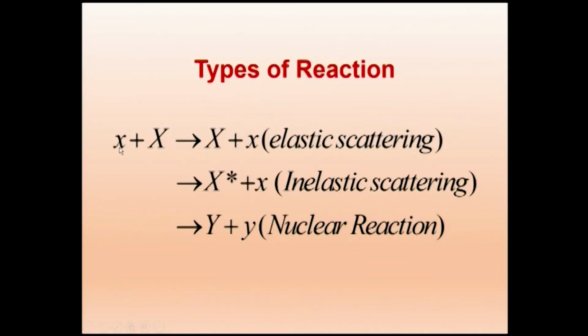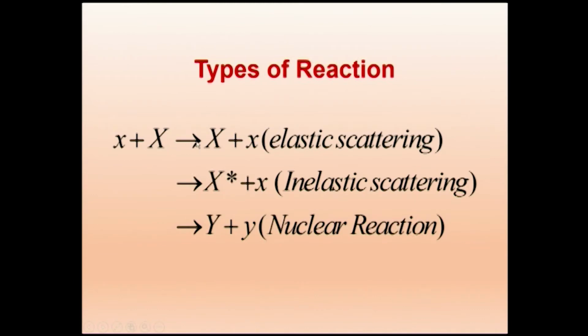Now, what are the types of reactions we have? Here we have put small x, that is the incident particle. For example, it can be a neutron, proton or alpha particle, some incident particle you are sending, and this is the target nucleus, for example uranium or thorium. When this is bombarded on this, what are the possibilities?